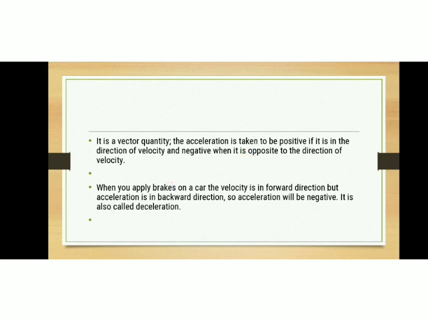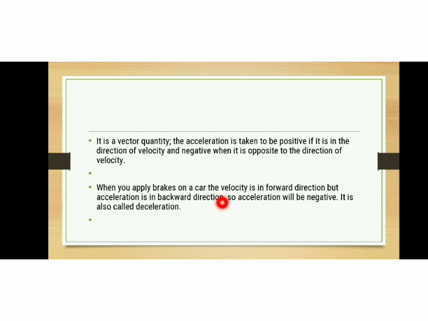You know that acceleration means change in velocity. So if acceleration is in the direction of velocity, then it is taken as positive. But if acceleration is opposite to the direction of velocity, it is taken as negative. For example, whenever you apply brakes on a car, the velocity is in the forward direction, but acceleration is in the backward direction, isn't it?